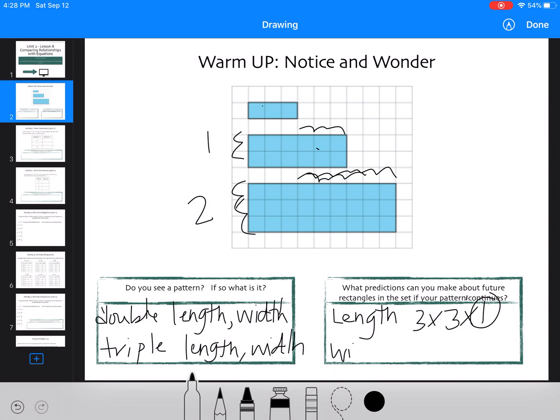So my width would be 1 times 2, I don't know, plus 1.